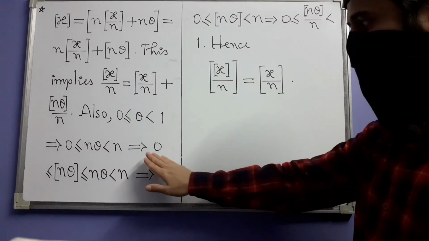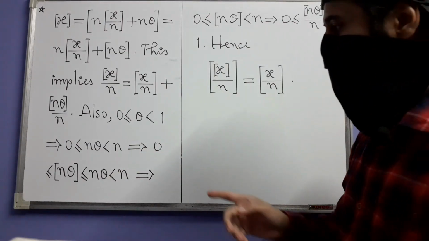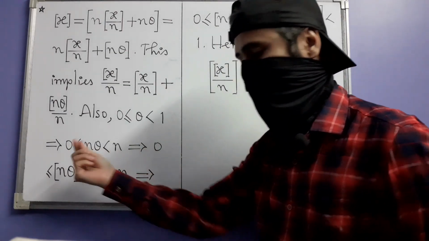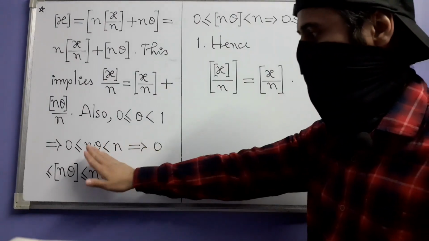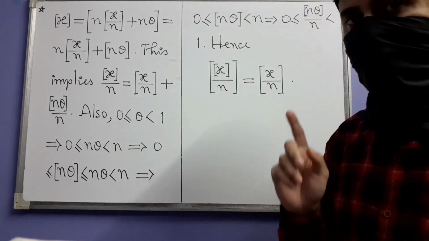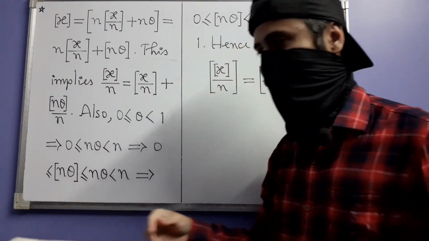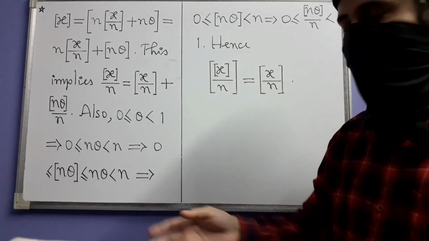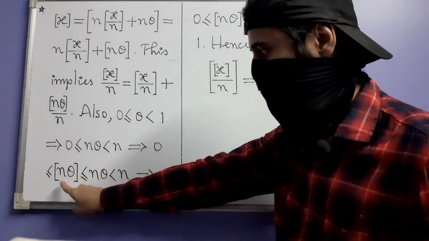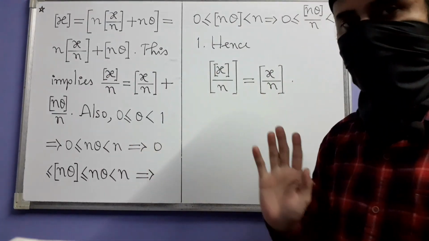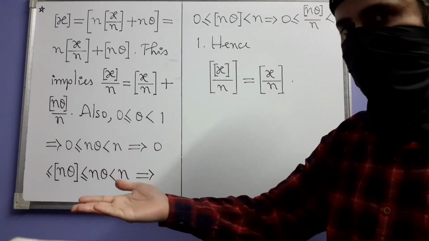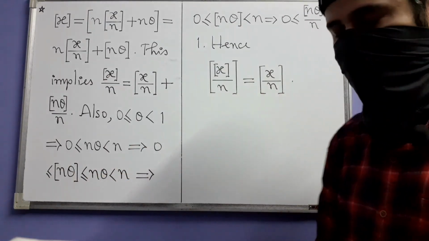Now, what do we get from this? You see, 0 is an integer less than or equal to n theta. But by definition of the greatest integer function, this value is the greatest integer less than or equal to n theta. So obviously this itself will be greater than or equal to 0, since 0 is one such integer and this is the greatest.